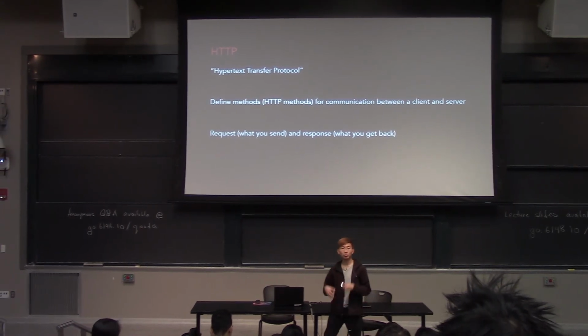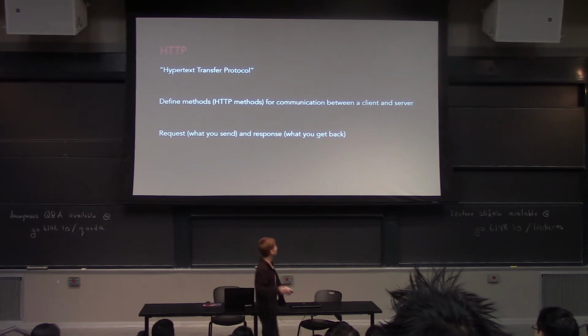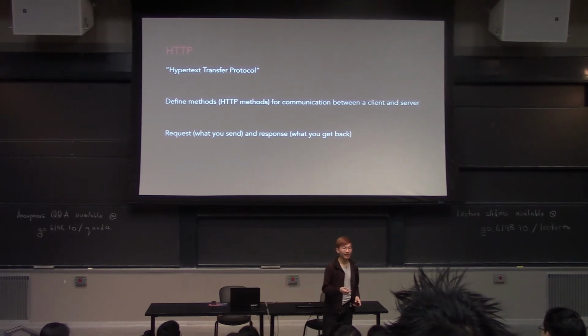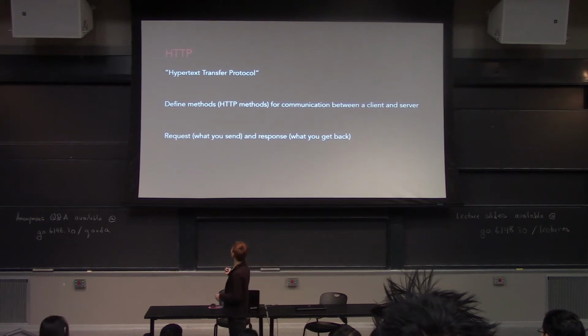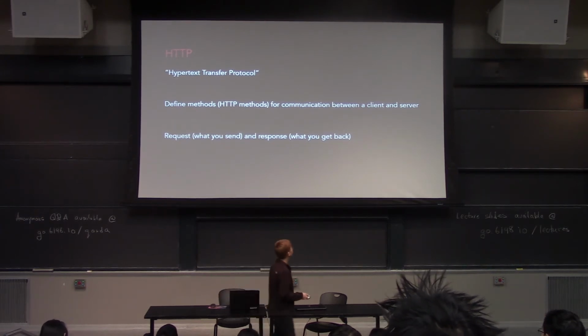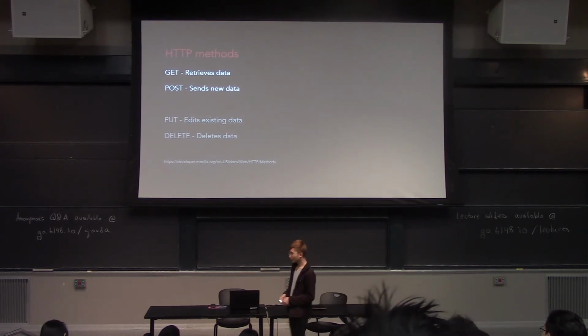The server will then process the request, compute whatever it needs to in the backend, and then send back a response to the client. There are multiple types of HTTP methods that are used for different things. The most common two are GET and POST.